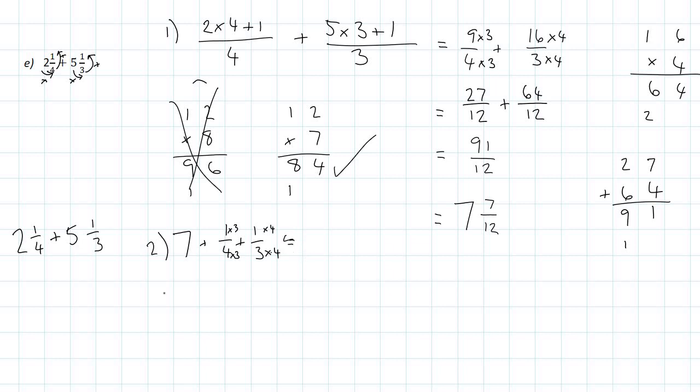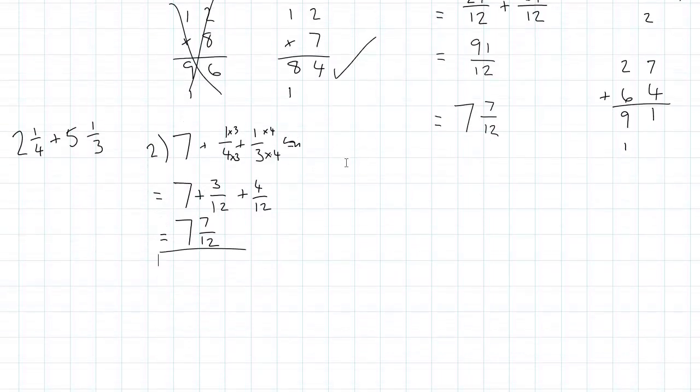So all together, I've got 7, and then that's 3 twelfths, that's 4 twelfths, that's 7 and 7 twelfths. Definitely easier mathematically, and I'm not telling you not to do this, but just exercise caution.